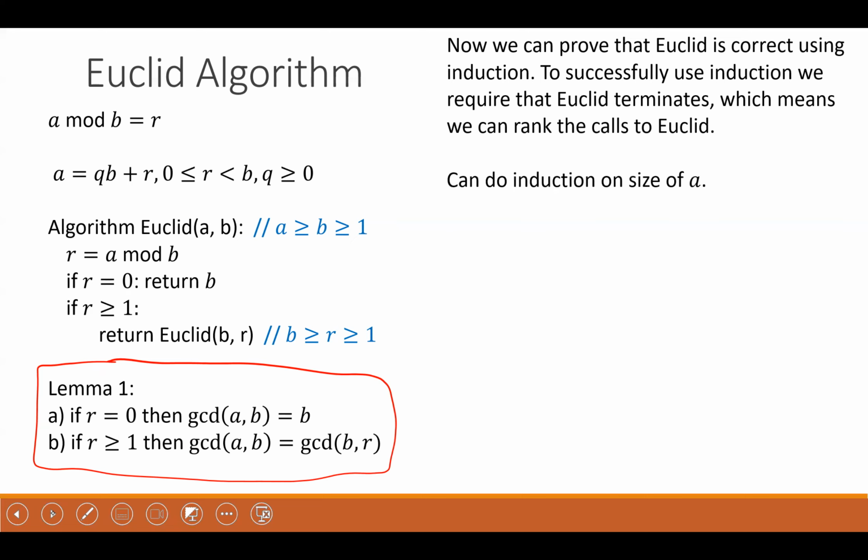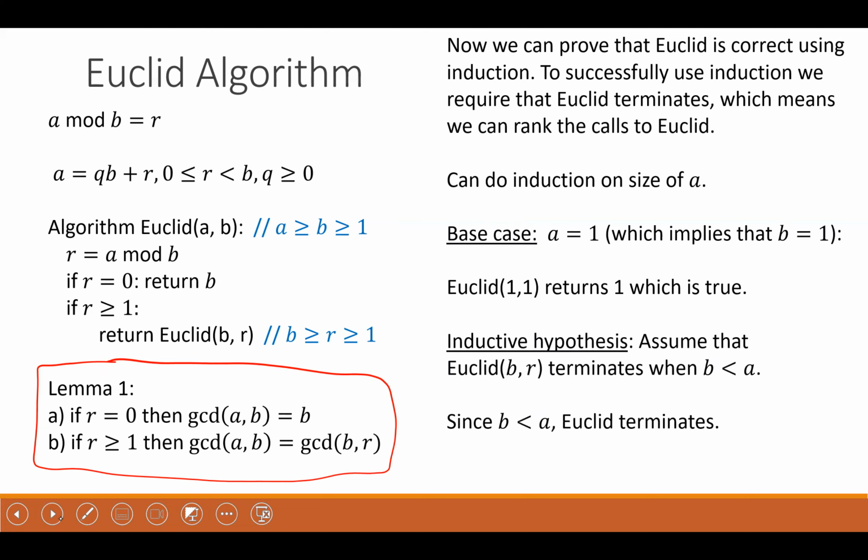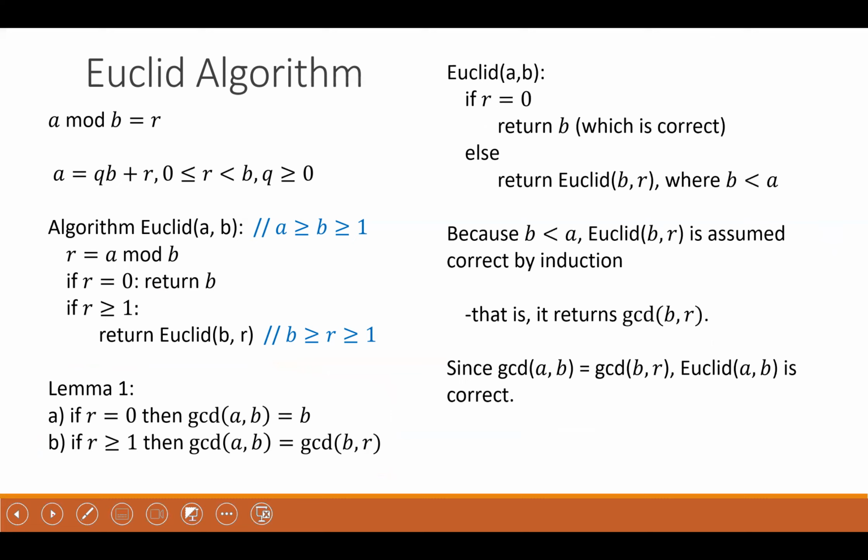I think we can all agree that it terminates. Seems pretty obvious. It counts down. Even if it was just reduced by 1 each time, we would eventually get down to 1 divided by 1, which would return, right? Because R would be equal to 0. So Euclid terminates.